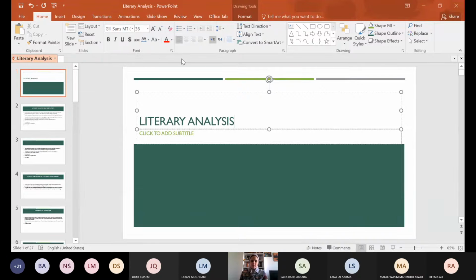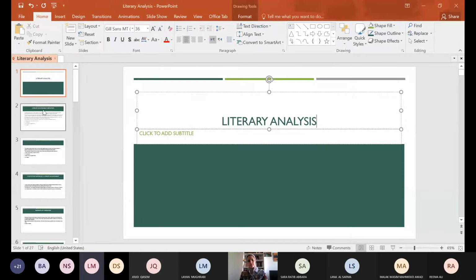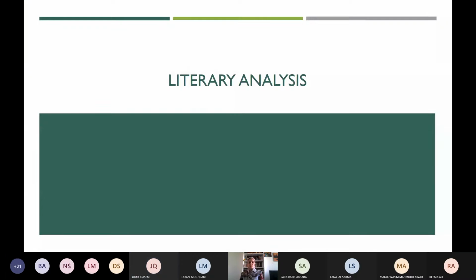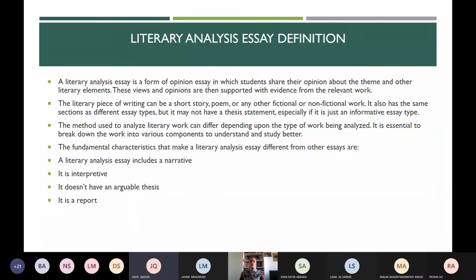Can you see my PowerPoint? Yes. Teacher, which page? It's on page 61. I arranged it in this slide, and if you want to study, please study from these slides because it's easier.